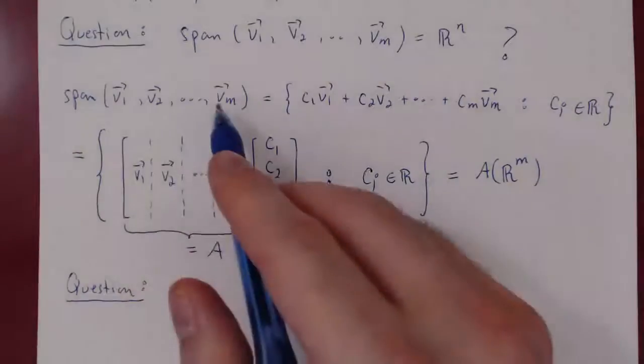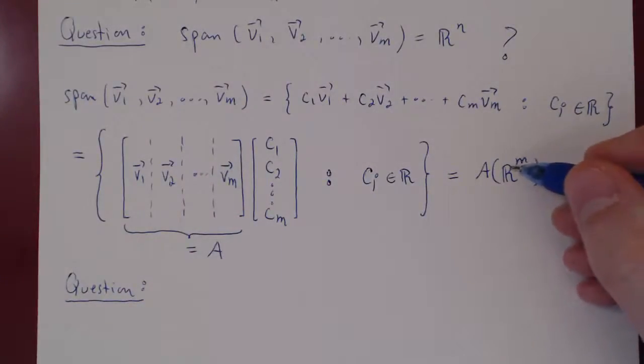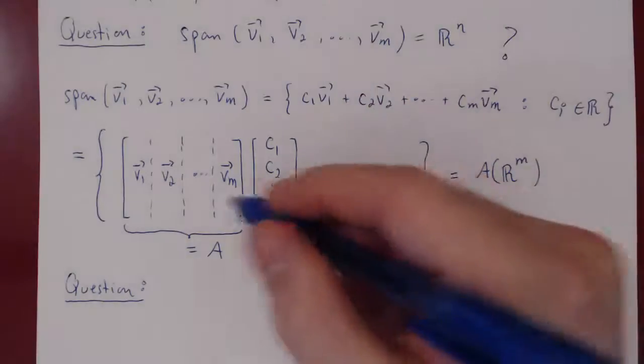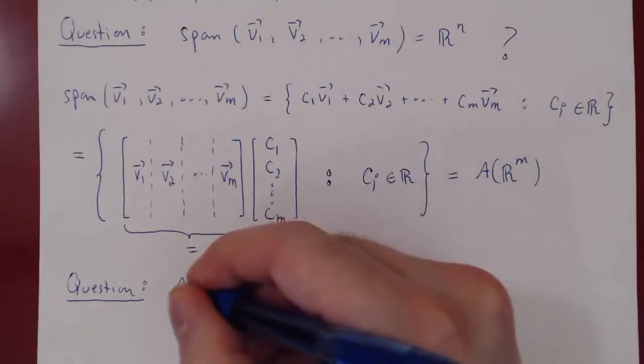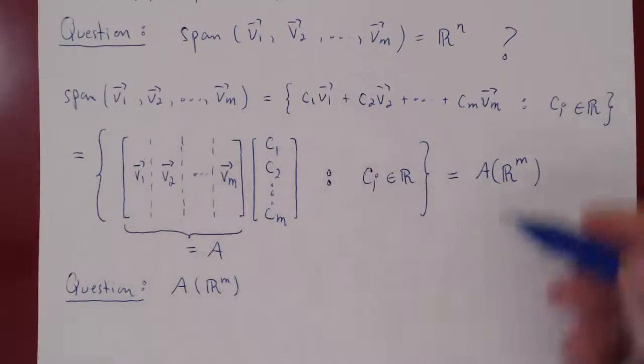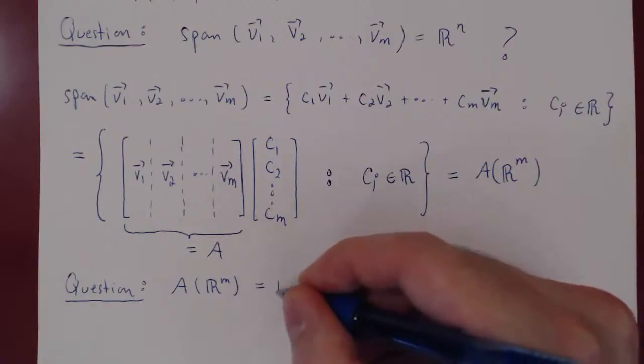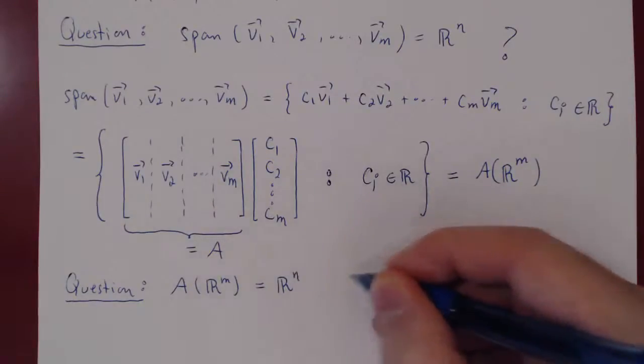The span of these m vectors is simply saying take every vector in Rm and multiply every vector in Rm by the matrix A. And will you get through this every vector in Rn? And that's the question.